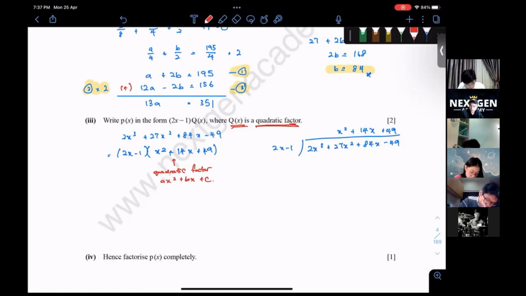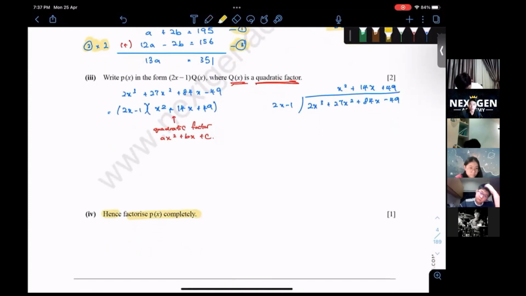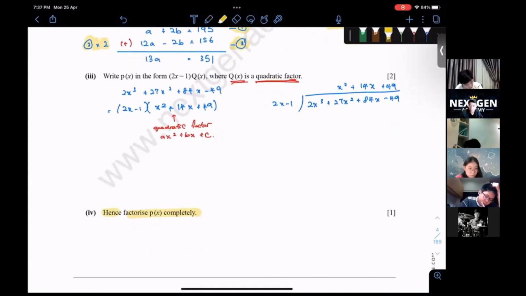All right, then after that, hence, factorize it completely. Factorize completely normally will be bracket, bracket, bracket. In this case, you need to factorize x squared plus 14x plus 49. This is just a 1-mark question. If you don't know this one, you can use the calculator. If you don't know how to find the factors, you can use the calculator, or by right you should know using the butterfly method.